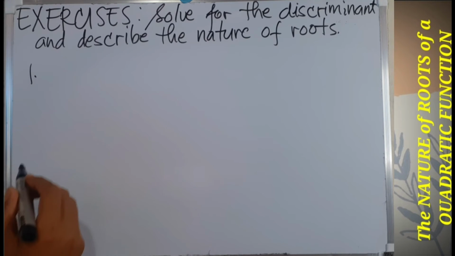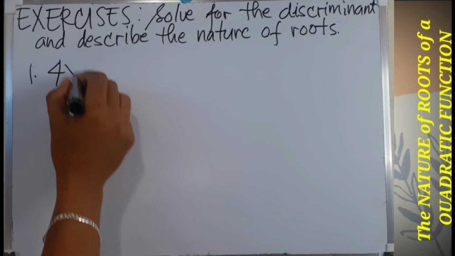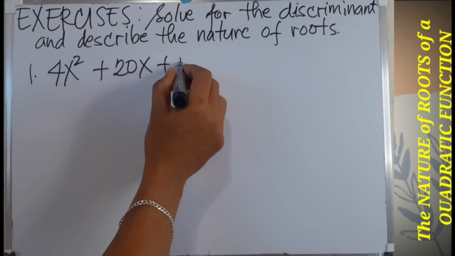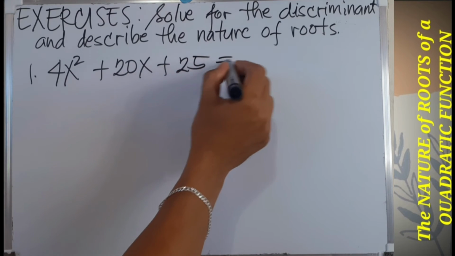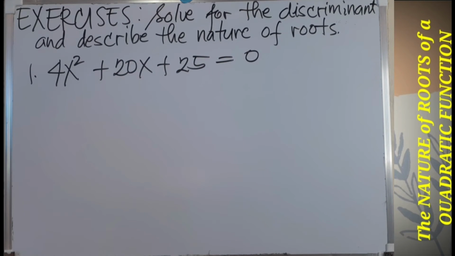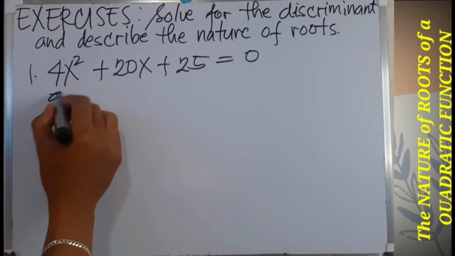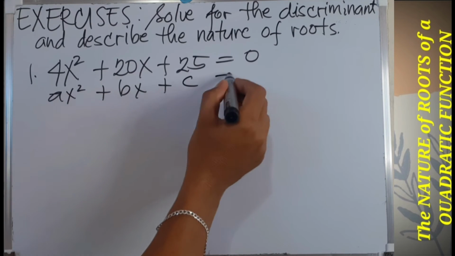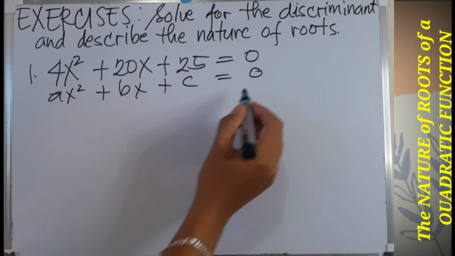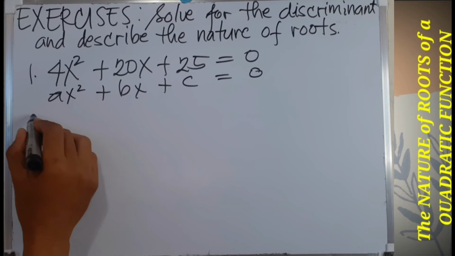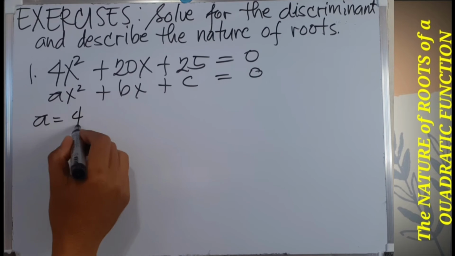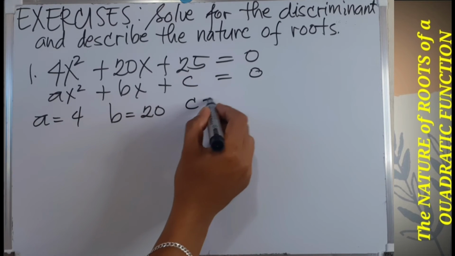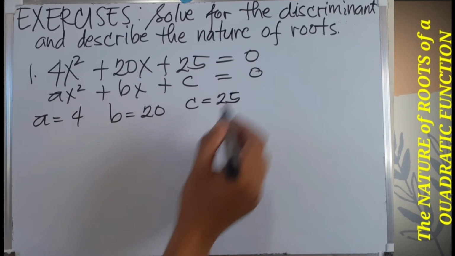Number 1, let us take 4x squared plus 20x plus 25 equals 0. Again, first to do is, just because it is ax squared plus bx plus c equals 0, kindly determine first the value of a, which is 4, b, which is 20, c, 25.